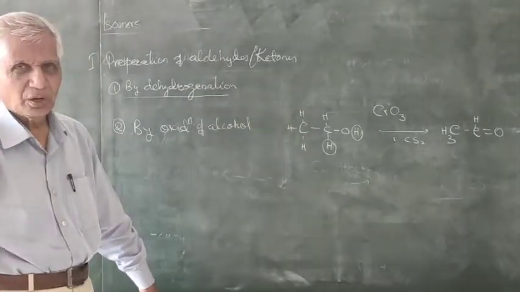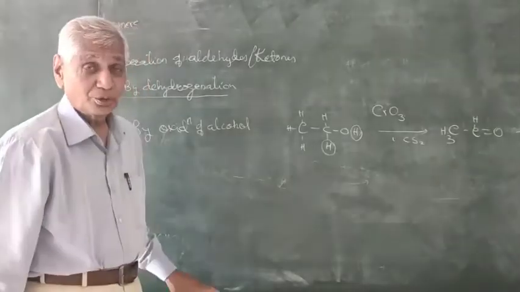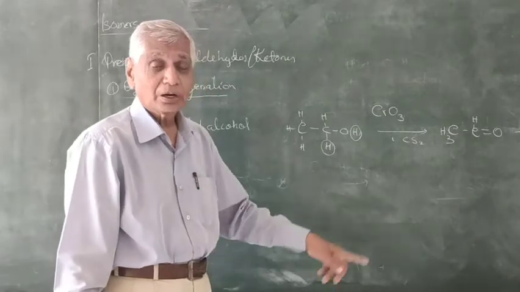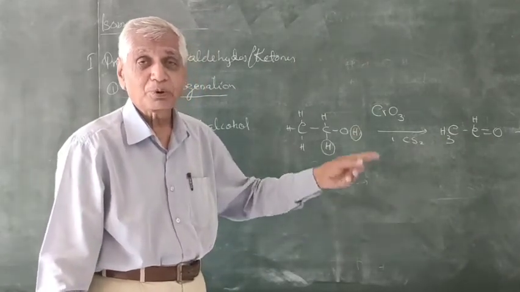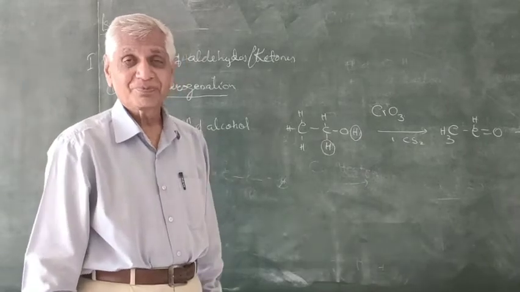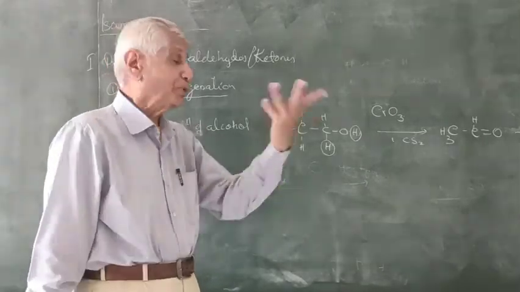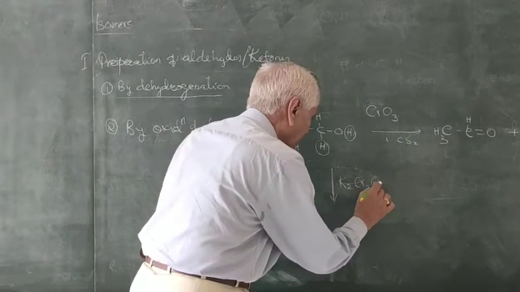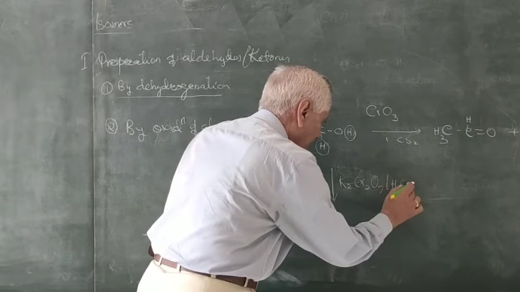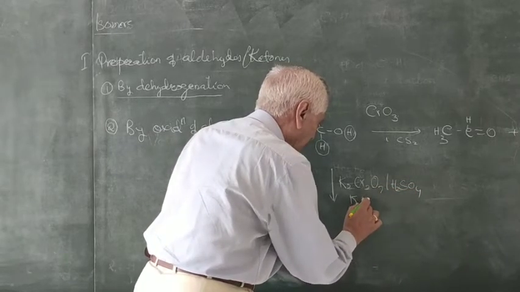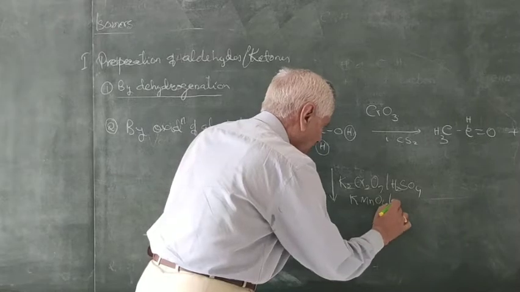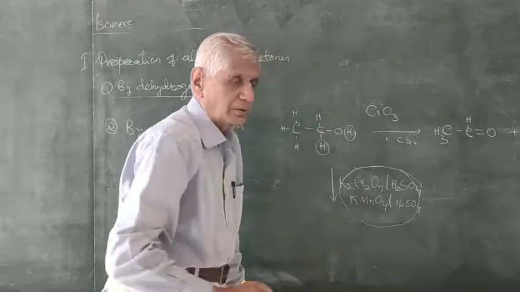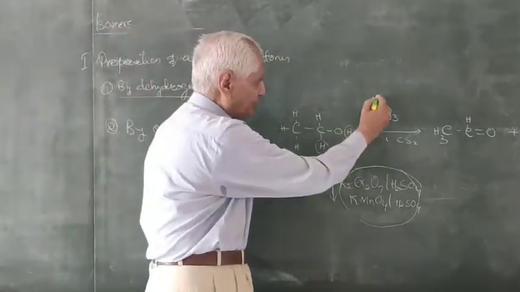But you should remember that the oxidation reaction has to be carried out in the presence of a less powerful oxidizing agent, not a strong oxidizing agent. Suppose you take a strong oxidizing agent like potassium dichromate and sulfuric acid, or potassium permanganate and sulfuric acid. This is a more powerful oxidizing agent than this.